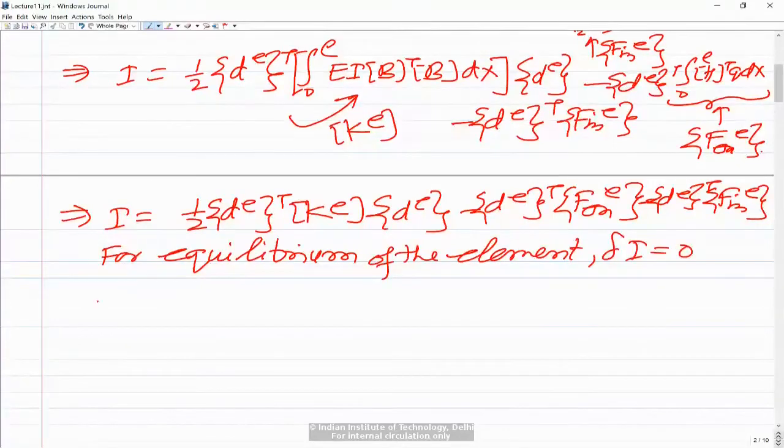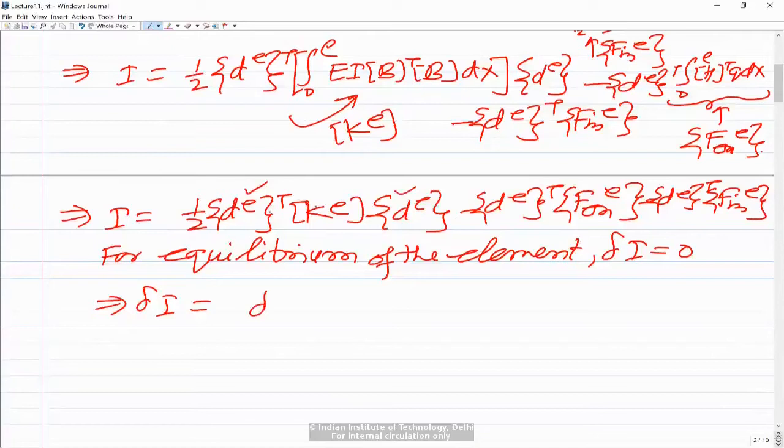So if you write the expression for delta I, we have already discussed this when we talked about the truss element. We will have two terms when we take the variation: the variation of the first into the second, plus the first into the variation of the second, and those can be combined together.